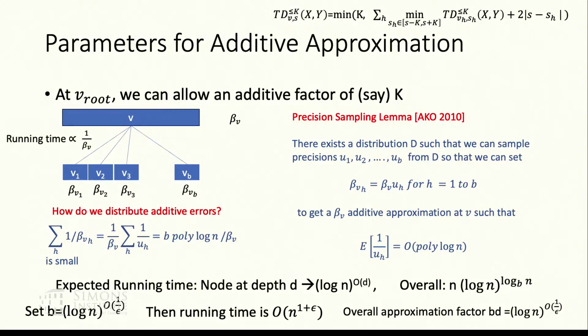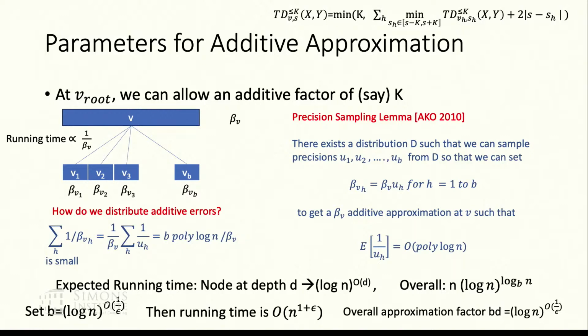So the expected running time, I told you my running time depends on 1 over this beta vh, because the shifts that you will be considering is k over beta vh. So it's really proportionate to this. So basically your running time increases again by a factor of log square n at every level.